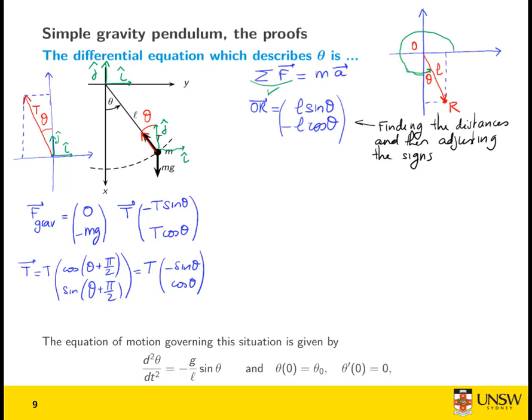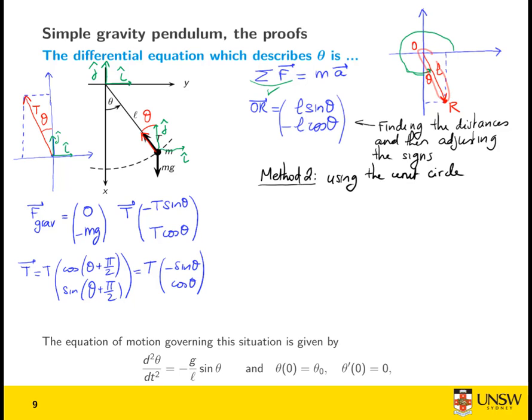So we find the coordinates of the position vector by finding the distances on both axes, here and there, and then by deciding whether we needed to keep it as that or put a minus sign in front of it, which I call adjusting the sign. I guess I can't resist doing it with the unit circle. How to get the coordinates of the position vector using the unit circle.